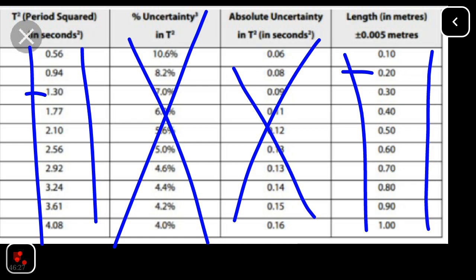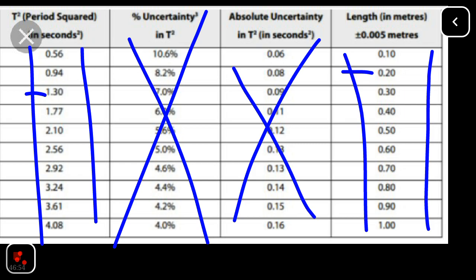So you can see from 0.1, 0.2, 0.3, 0.4, 0.5, 0.6, 0.7, 0.8, 0.9, and 1.0, right? That's 100 centimeter. So we don't have a problem with that. It's just like a mass graph, right? Because you put the value yourself there.